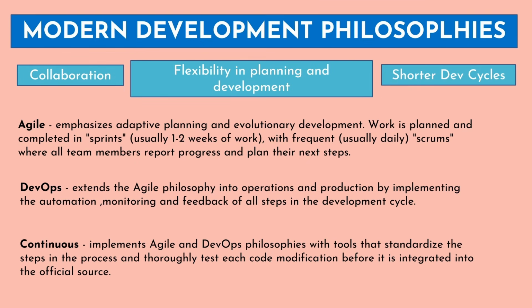Then we have a term which is also used very frequently, which is continuous. So continuous implements agile and DevOps philosophy with the help of tools that standardize the steps in the process and thoroughly test each code modification before it is integrated into the official source code.